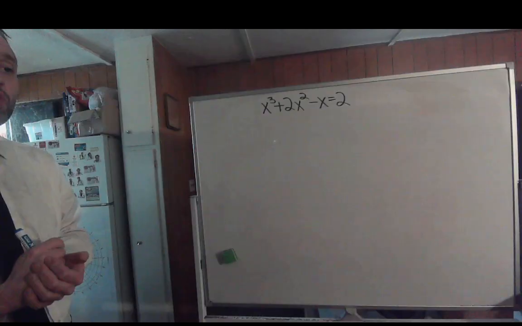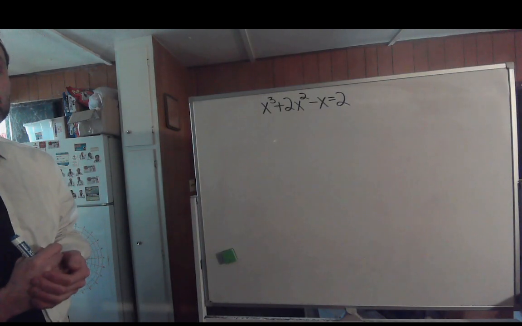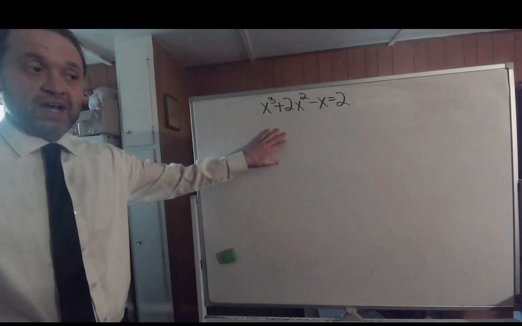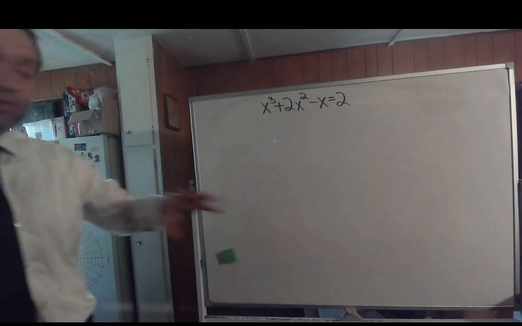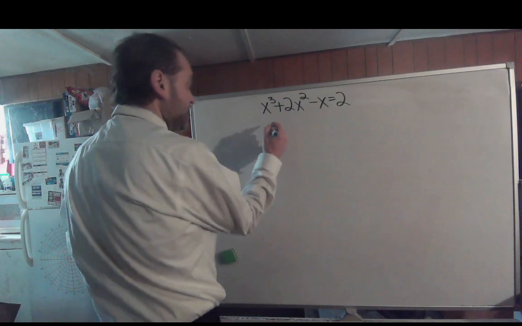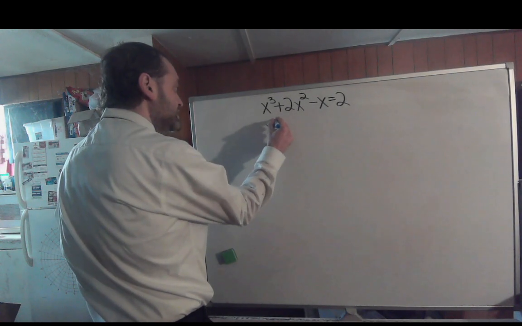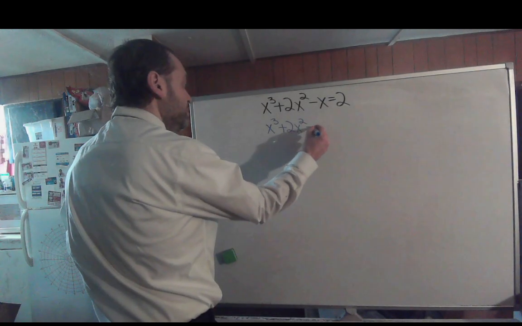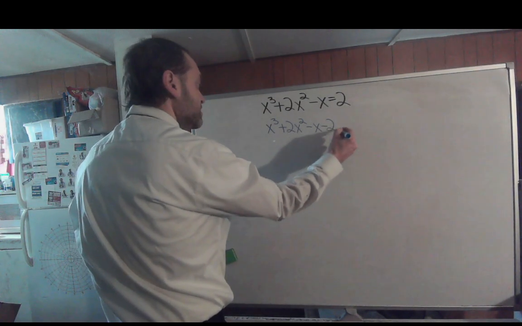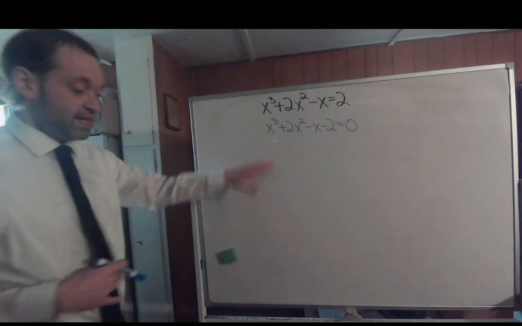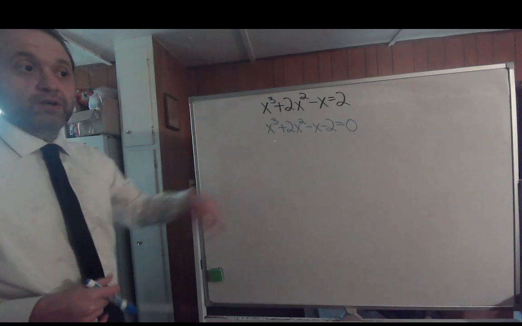Much like with a quadratic equation, especially a type where you can clearly see you're going to be able to factor it, you want to make the right-hand side equal to 0. So we need to subtract 2 from both sides. So if you do that, you'll get x to the third plus 2x to the second minus x minus 2 would equal 0. And if we look at this, it definitely looks like a factoring by grouping, right?